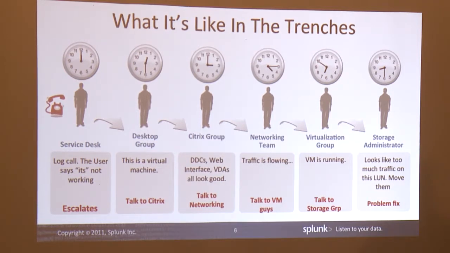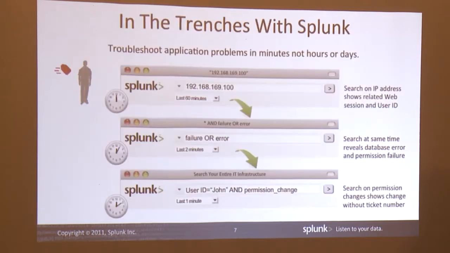Oh, looks like a storage problem. Let me call the storage team, and bypass this whole process, right? And the user's time to resolution is a few minutes as opposed to hours, right? That's ideally what we would like to get done.